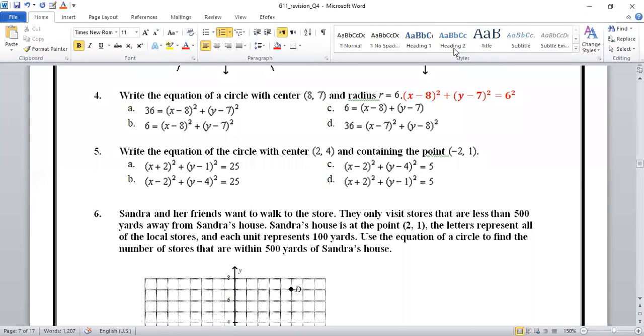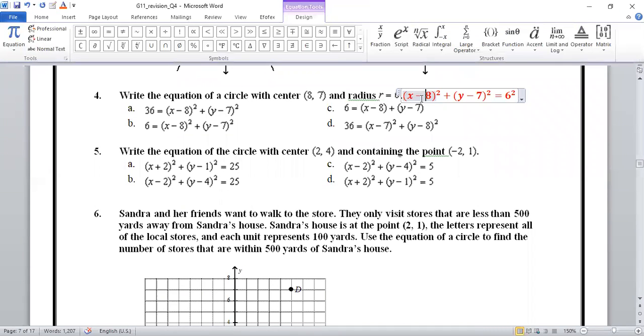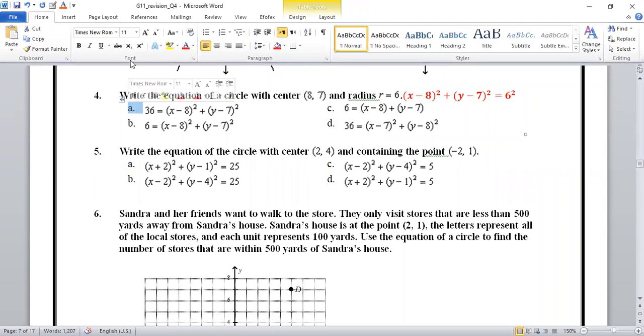We can write the equation: (x minus 8) squared plus (y minus 7) squared equals the radius squared, or 6 squared. So the answer will be number A, (x minus 8) squared plus (y minus 7) squared equals 36.